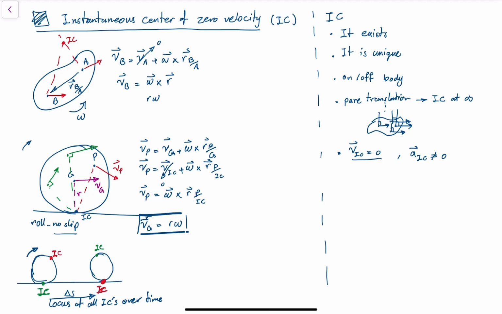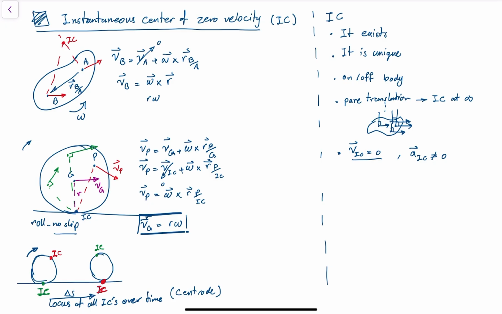So the trajectory of all these different ICs across time moves, but the instantaneous centers, by definition, at the particular time that they are instantaneous center, have zero velocities. So that is something to remember. And this actually has a name. The trajectory of these ICs is called centroid, according to the textbook.